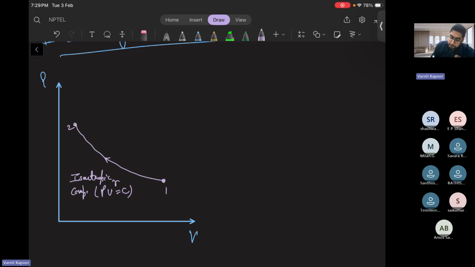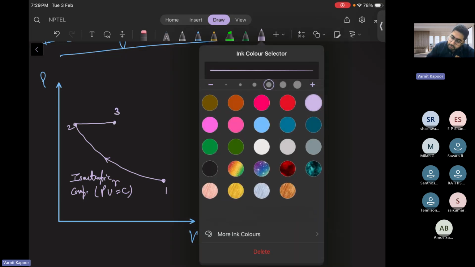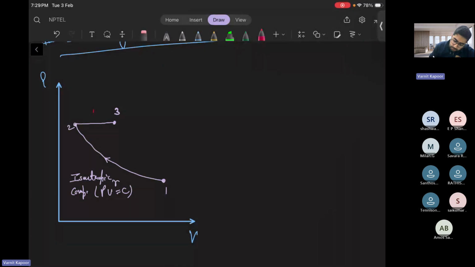Constant pressure heat addition means a horizontal line will come and heat is added at constant pressure, not at constant volume this time.